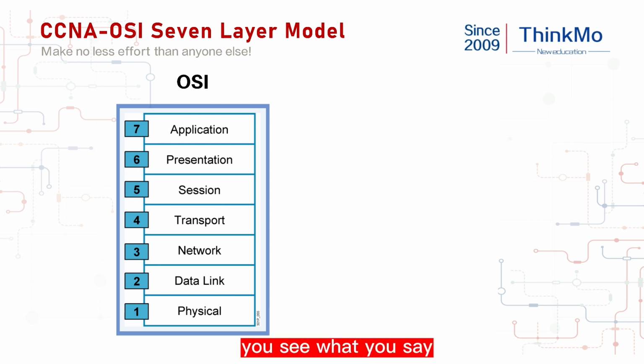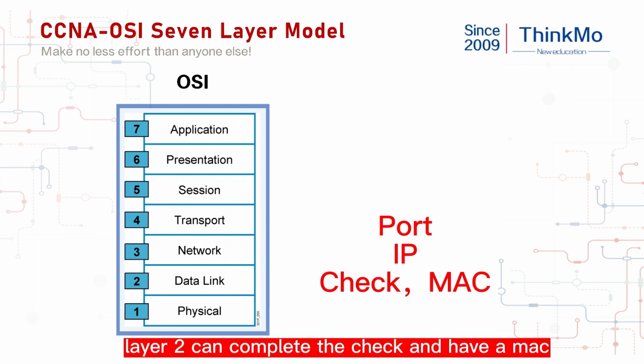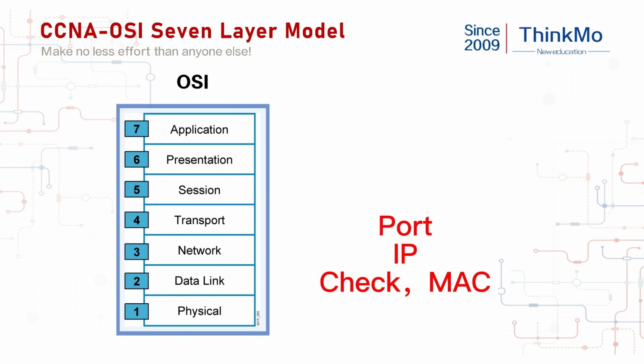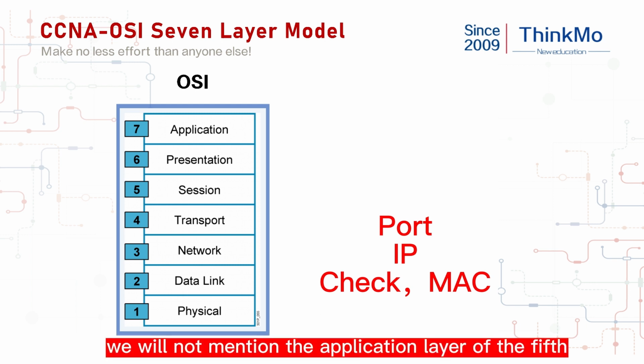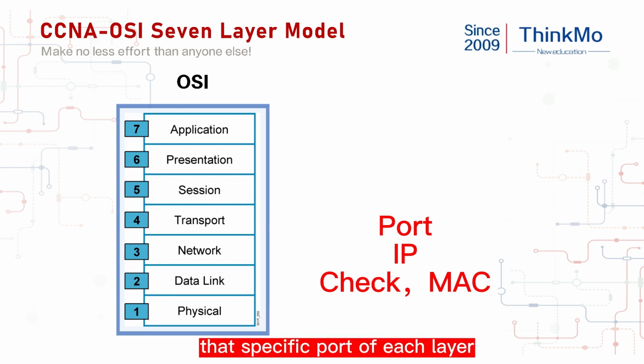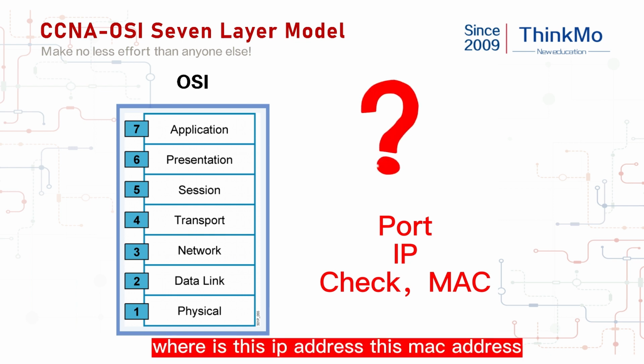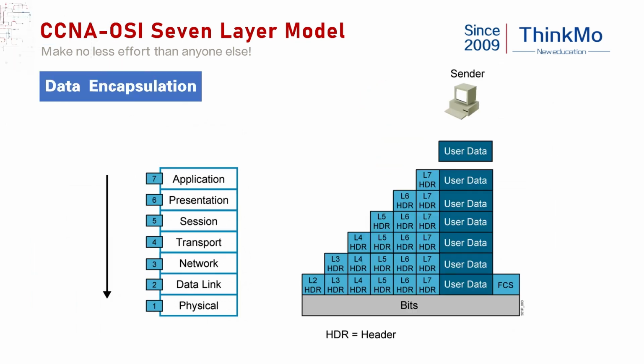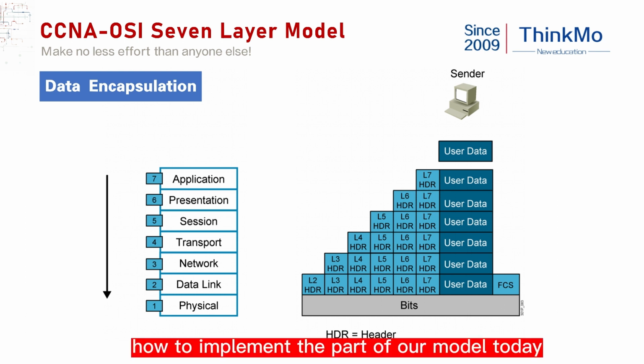You see what you say: Layer 2 can complete the check and has a MAC, Layer 3 has an IP, Layer 4 has a port. We will not mention the application layers 5, 6 and 7 for the time being. Where is this IP address, this MAC address? Don't worry, we will talk about how to implement that part of our model today.